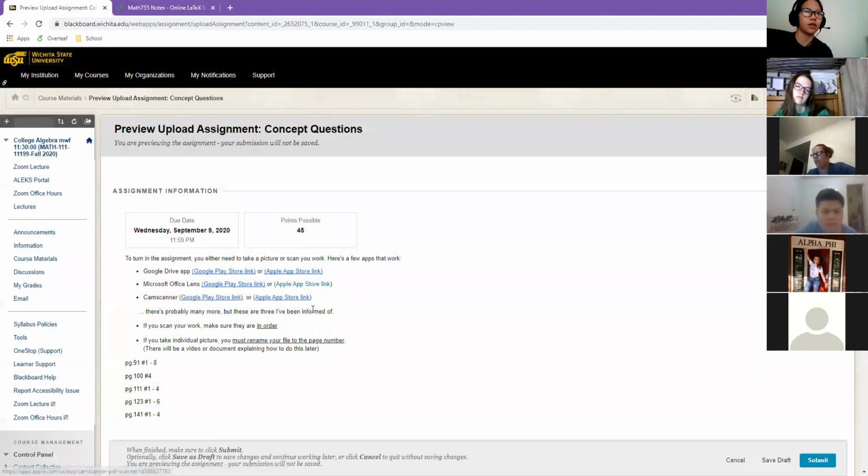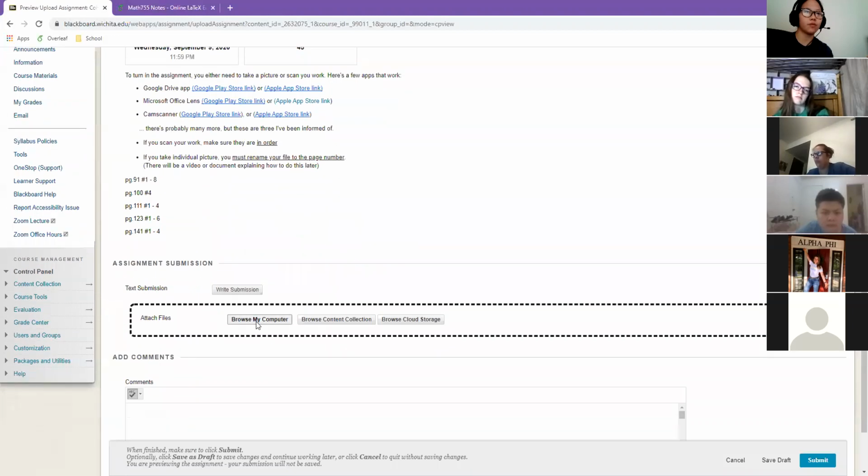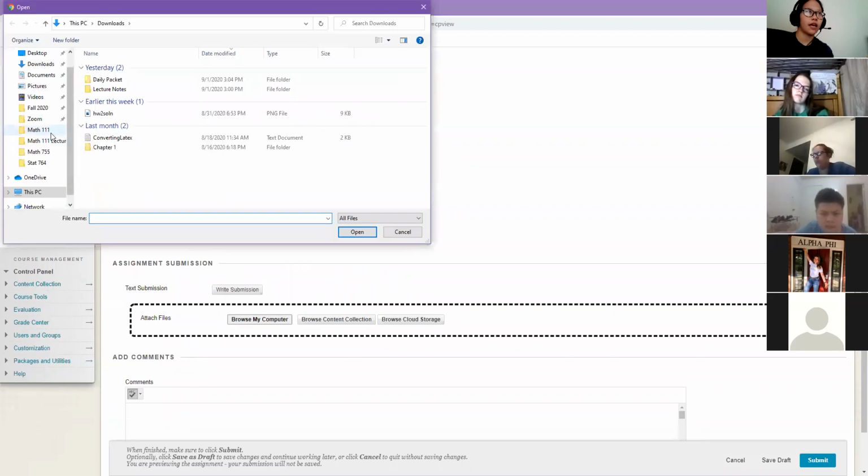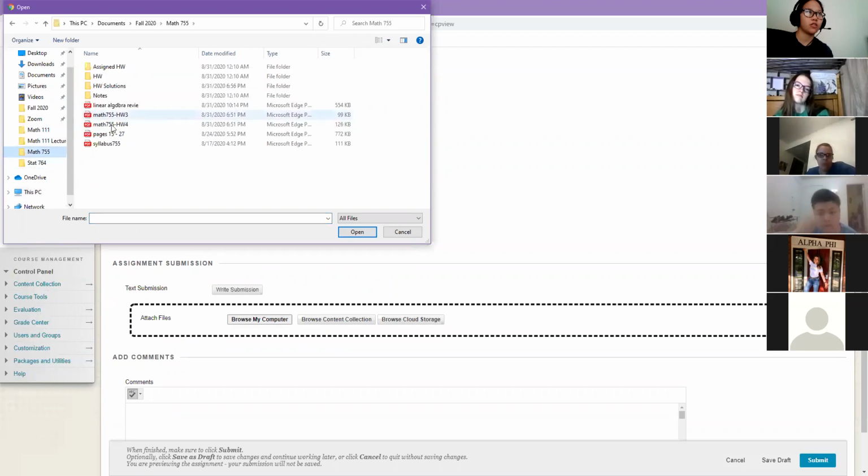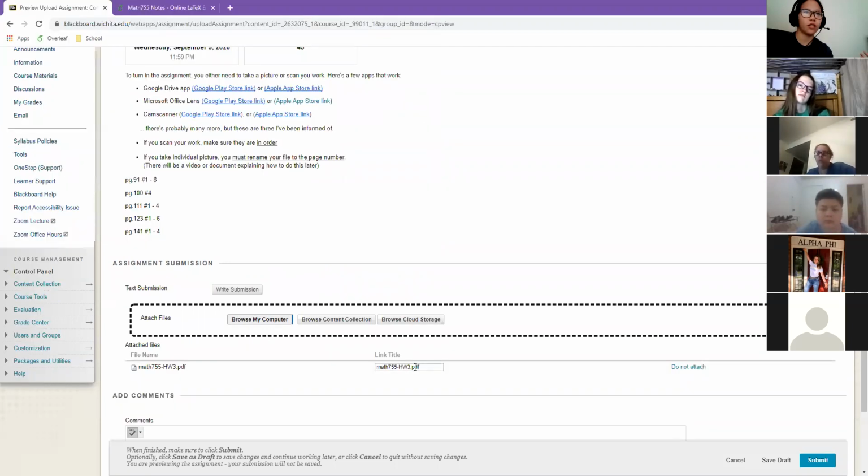So what do I mean? You go in here and browse your computer. For example, there's a file name right here, a really easy way. If you don't want to rename every individual picture, because that's a pain, you just go to this link title and put page 1, or just 1, I don't care.